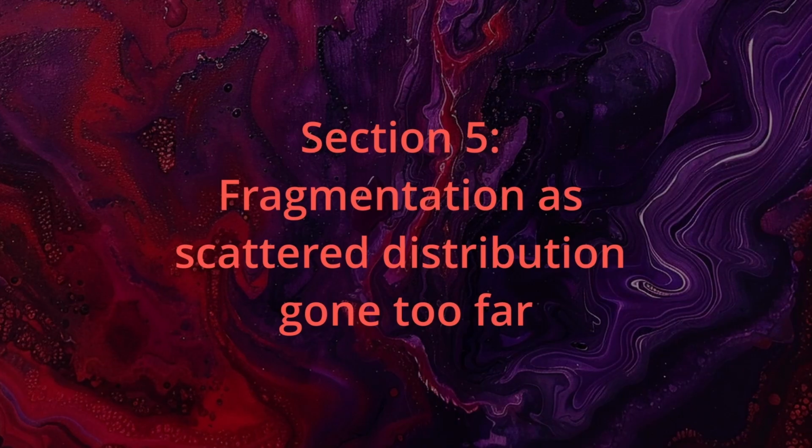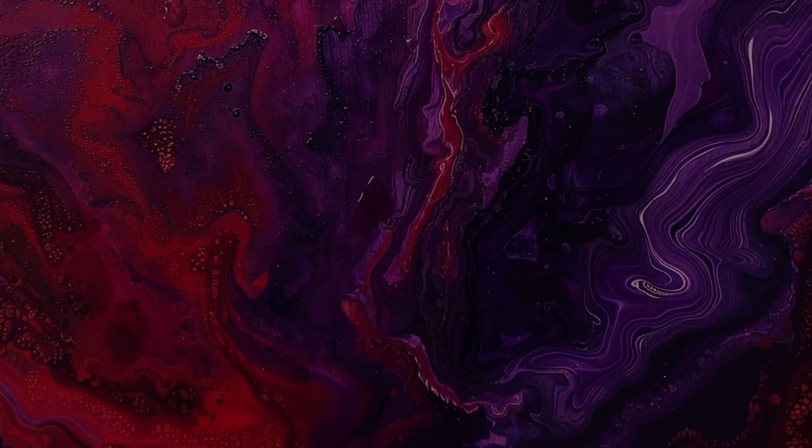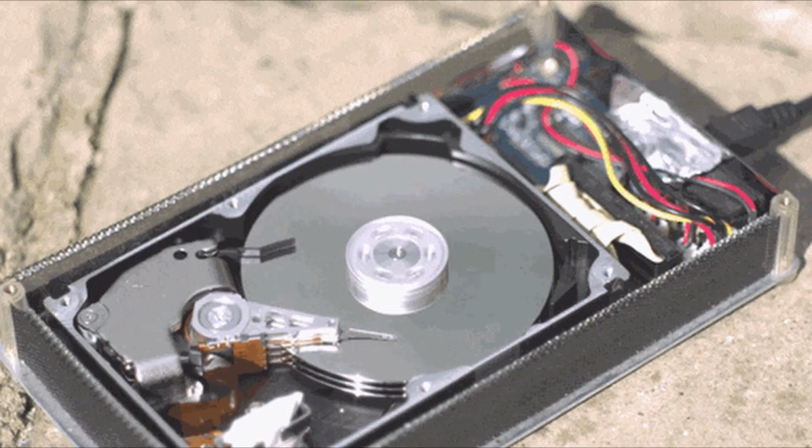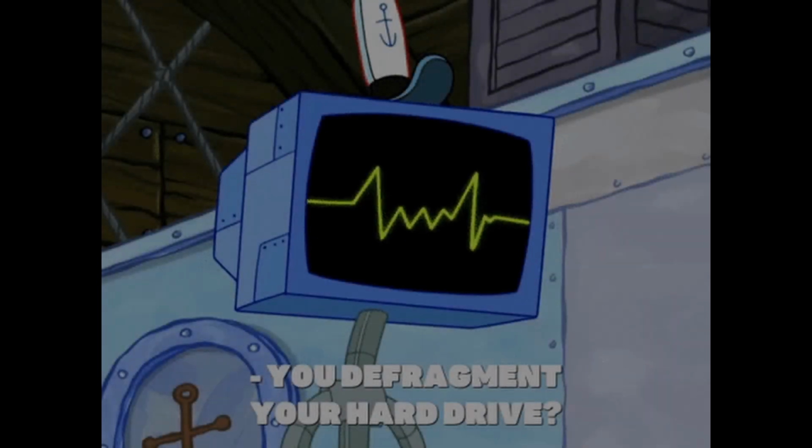Section 5. Fragmentation as scattered distribution gone too far. We've discussed various aspects of modern data storage, and now it's time to touch on how fragmentation and defragmentation on various storage drives relate to scattered distribution.